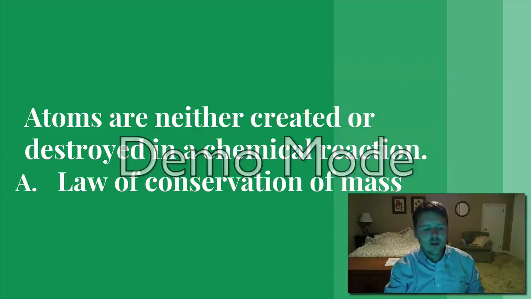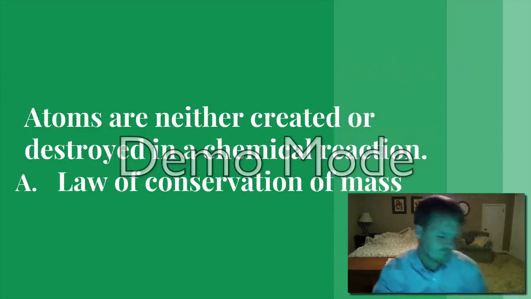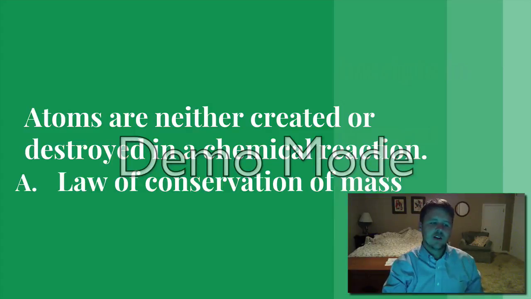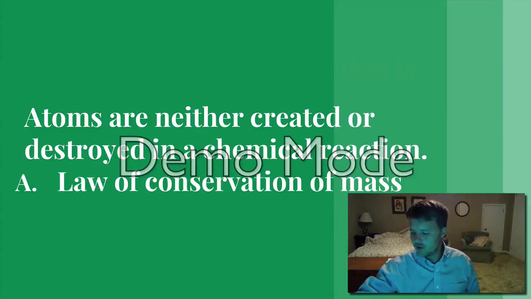Atoms are neither created nor destroyed in a chemical reaction. That's the law of conservation of mass. I've gone over that several times. Now notice, chemical reaction. If I went to nuclear reaction, you can create or destroy atoms. It's totally different, and we don't really go over nuclear in this class.